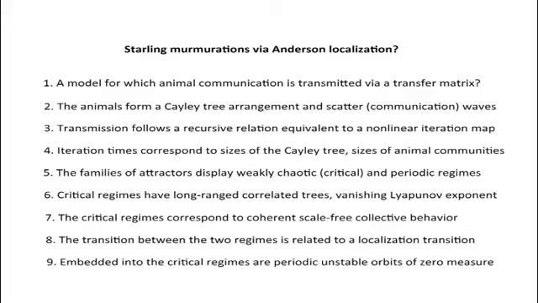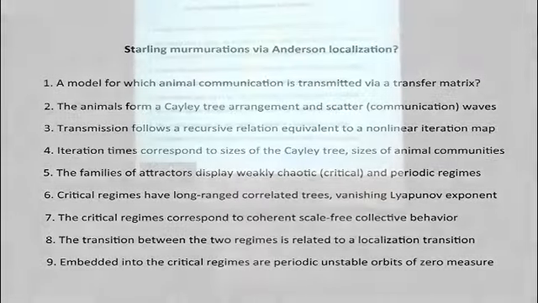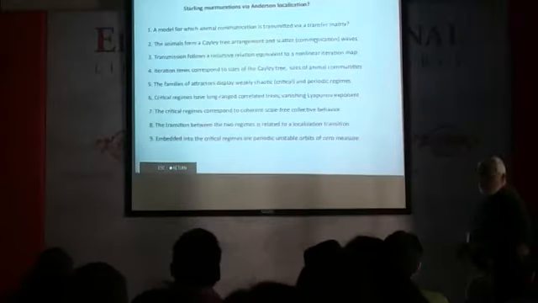Why not take again the recursive relation as sizes of the communities? Immediately, because of what we've been showing, we will have this nonlinear dynamical problem. We will have the families of attractors. We know that we have weakly chaotic or critical attractors because it has been measured.